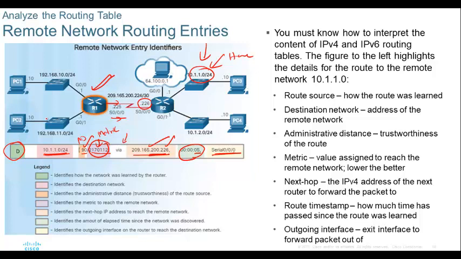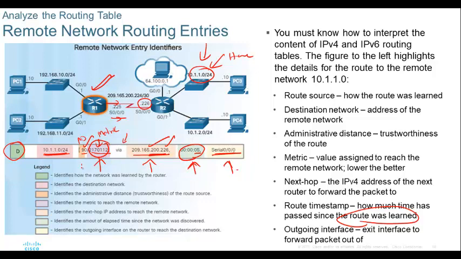So you have the metric, the outbound interface, the outgoing interface, and the next hop address. Sorry, the route timestamp means for how long you have known this route. When did you learn it? 5 seconds ago. Then the metric and administrative distance.